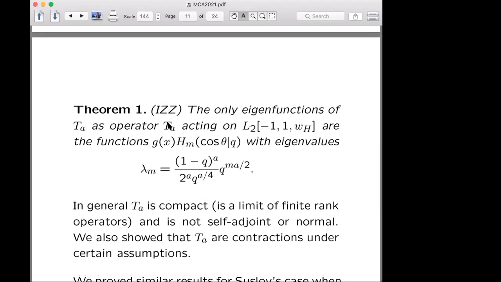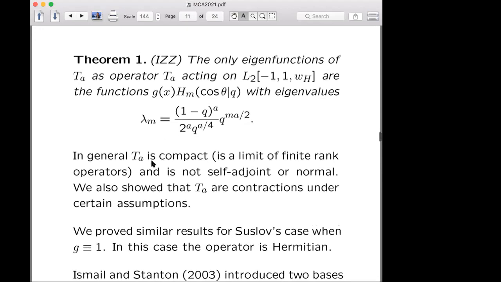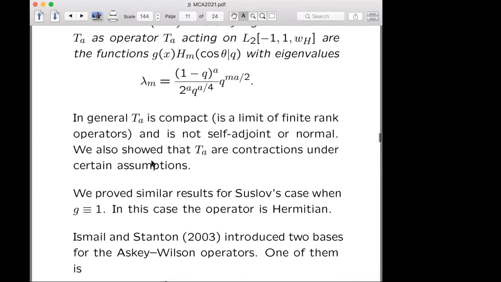I mean, he didn't write it down explicitly, but it's there. If you look carefully, you can figure it out. But we computed the one for these operators and their adjoints. That's what this is. We also proved that these operators are contraction maps.